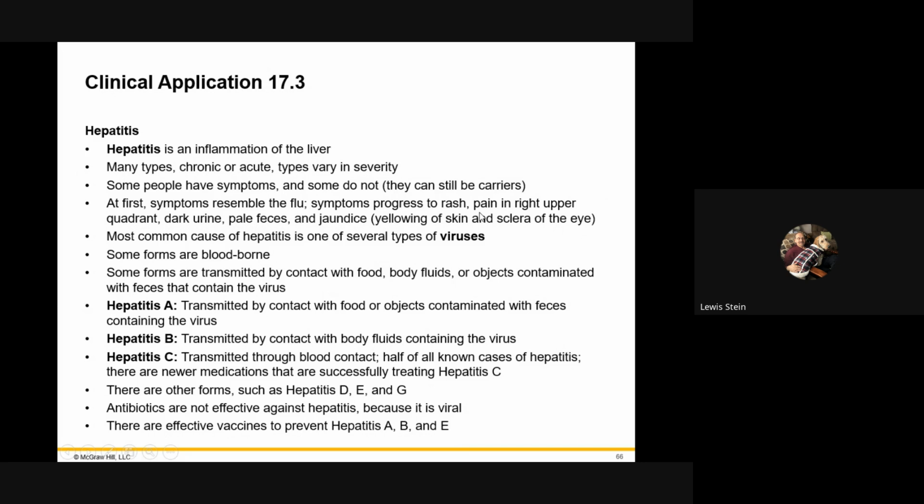They're all tells. And it can happen to everybody. We don't make the presumption that these are people who got it because of IV drug use, or HIV, or alcohol.